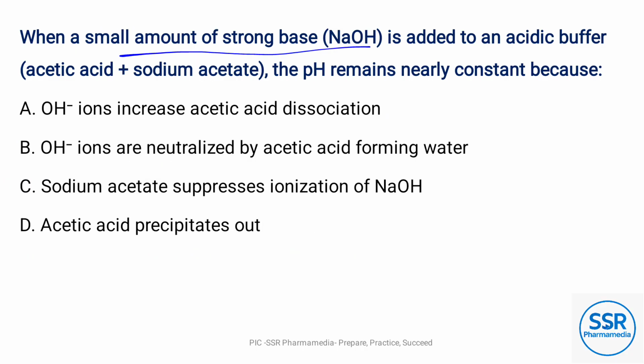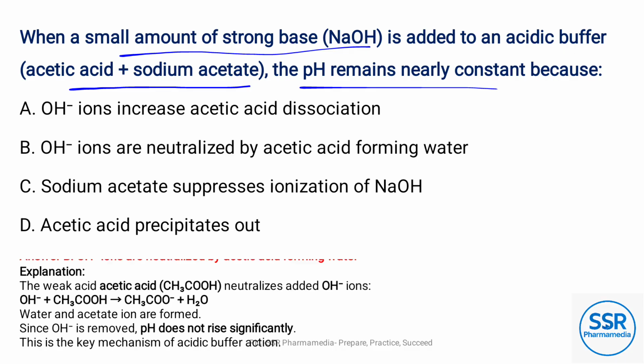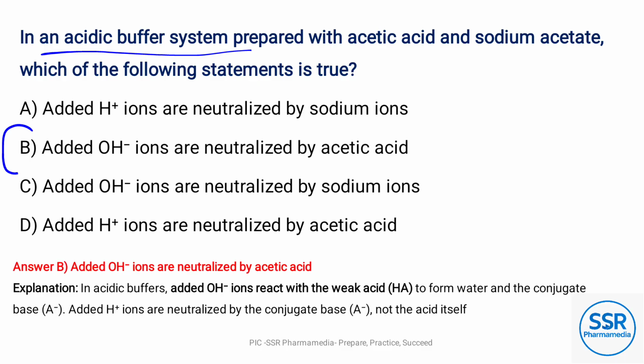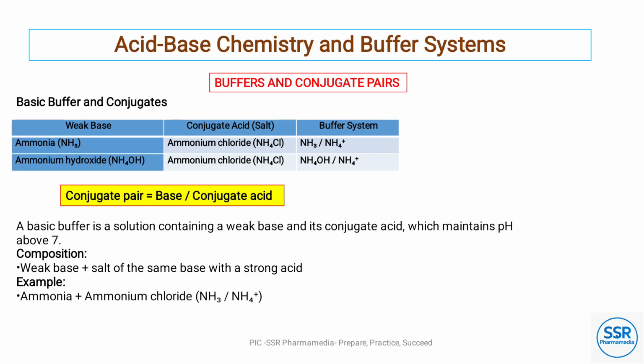A small amount of strong base is added to an acetic acid plus sodium acetate buffer, and the pH remains nearly constant because option B, OH minus ions are neutralized by acetic acid forming water. In an acetic buffer system prepared with acetic acid and sodium acetate, which of the following statements is true? Option B, added OH minus ions are neutralized by acetic acid.